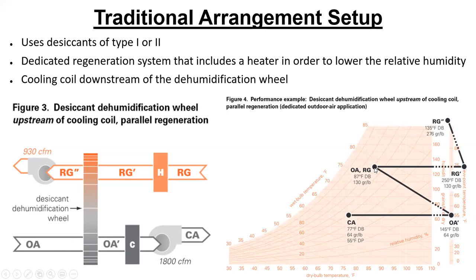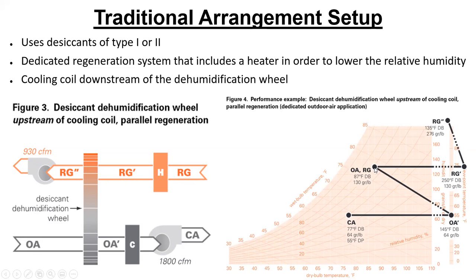And it gives you the conditions. And so that's 87 degrees Fahrenheit dry bulb. And look at your humidity. Look at your specific humidity, 130 grains per pound. Remember, we talked about that back in the day. There's 7,000 grains to a pound.